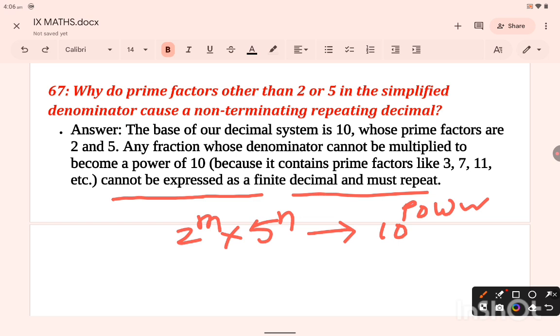So in this case, this type of fraction is a terminating decimal. Okay, this one is clear.